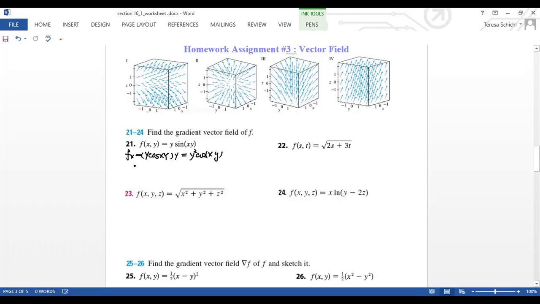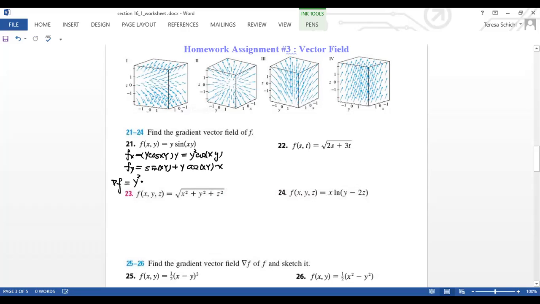All right. So now the same, the partial in y, I have a product rule, so I have sine xy plus y times the derivative of sine, which will be cosine, right? So this will be cosine xy, then chain rule times x. So this is x. So I know my vector field, del f, I can write it as the gradient vector field. So what is my gradient vector field?